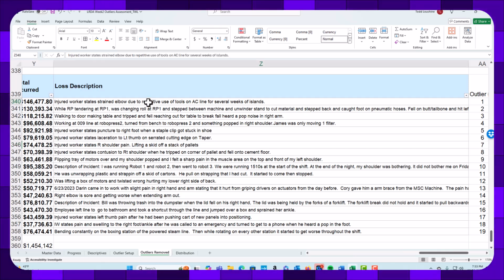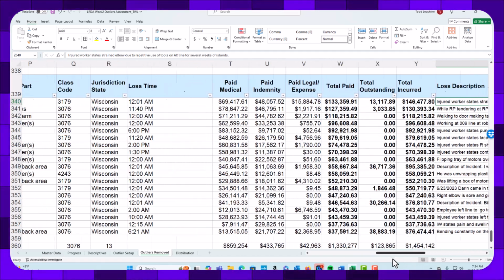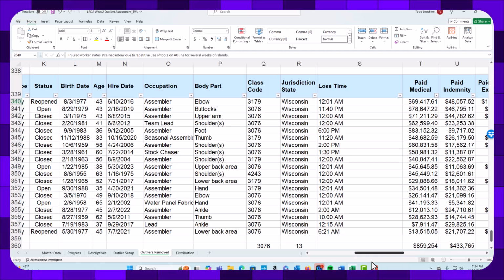Okay, first one, the most expensive: injured worker says strained elbow due to repetitive use of tools. I mean, are there other strained elbows due to use of tools? I would venture to say we probably will find. We got another one right here. And maybe some of the shoulders are repetition as well.